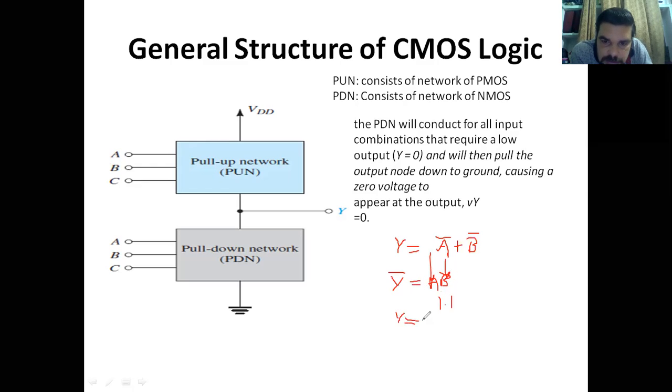In order to design a pull-down network for a given combinational logic, we have to convert this logic into the form like this: Y bar should be equal to an expression in which all inputs are in active high form.